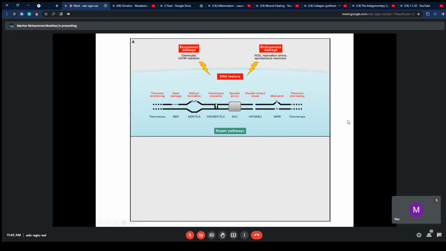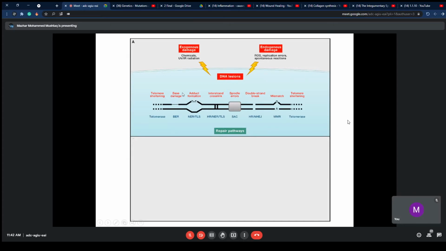There can be interstrand linkages. The DNA is anti-parallel, so this anti-parallel structure can be cross-linked together, and that can cause the aging process, or cause a repair pathway problem. There can be formation of dimers that we discussed in our mutation lecture.